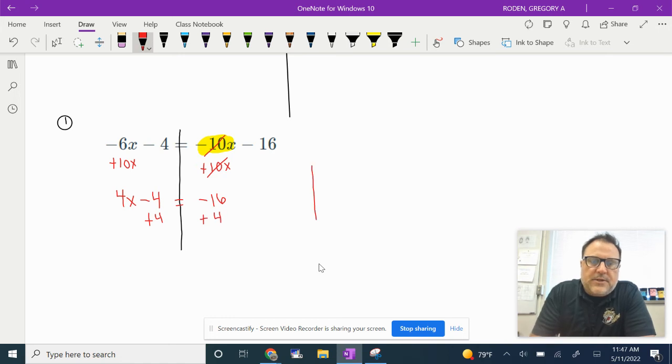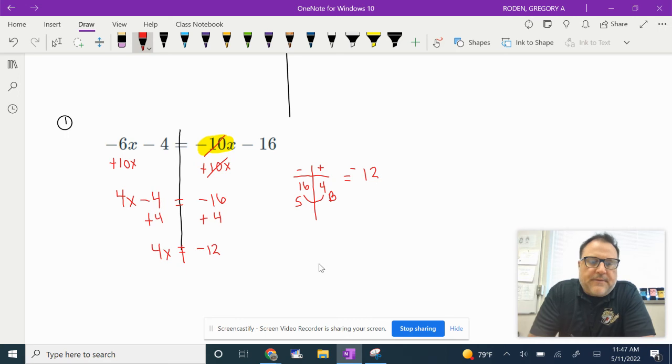Again, a lot of you are struggling with this whole negative positive concept. Negative 16 is negative, 4 is positive, so we're going to subtract and keep the bigger number. 16 minus 4 is equal to 12, and the negative is bigger, so it's negative 12. So we get 4x equals negative 12.